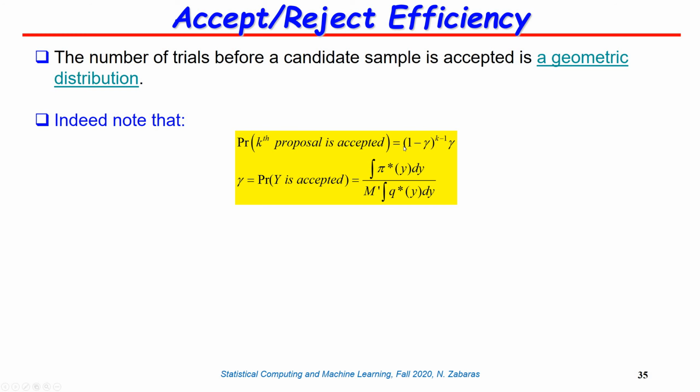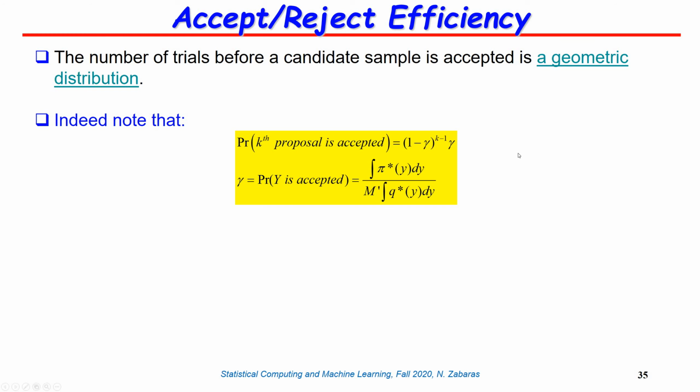Let's say that you are looking at an acceptance in the kth sample. What I mean by that is you are sampling once, you reject. If gamma is the probability of acceptance, you reject with probability 1 minus gamma. Then you sample again, you reject with probability 1 minus gamma, so you have the total probability (1 minus gamma) squared.